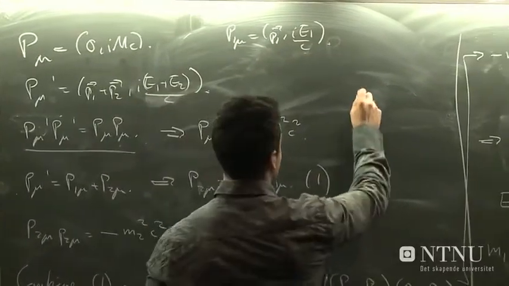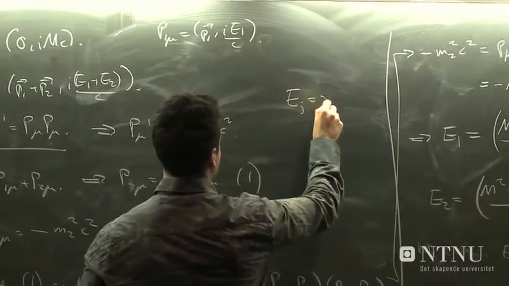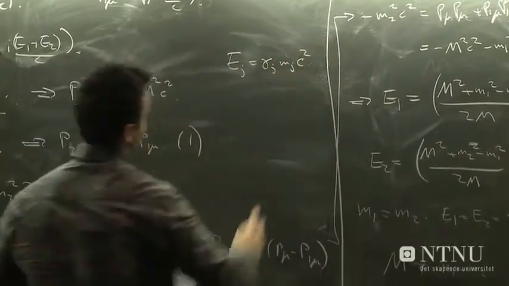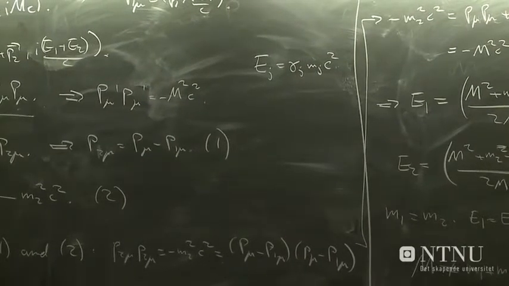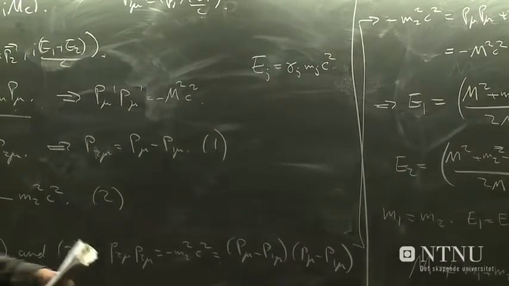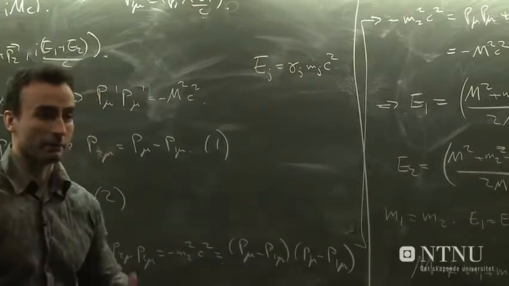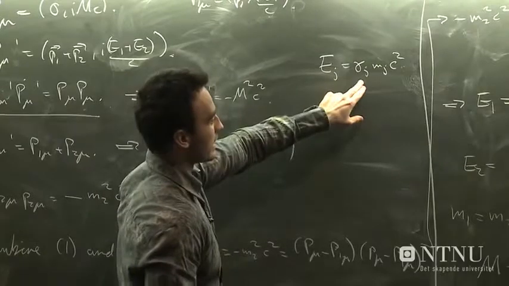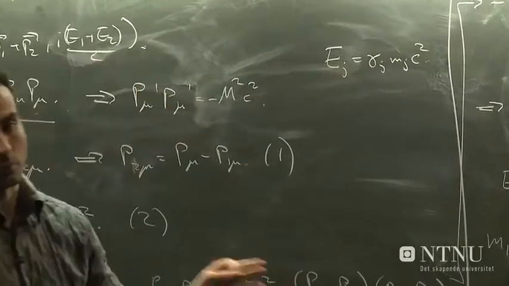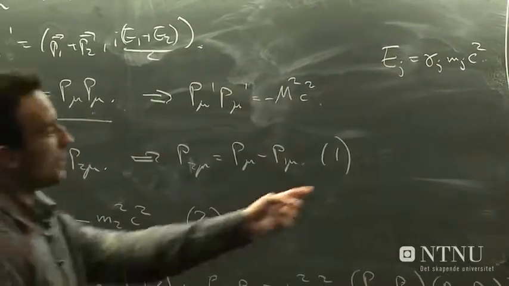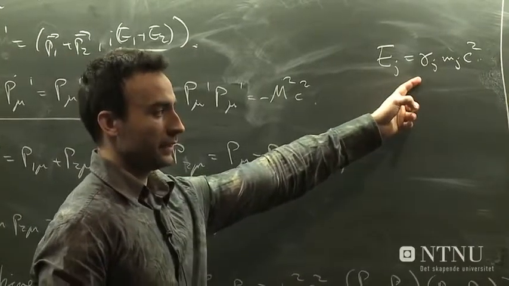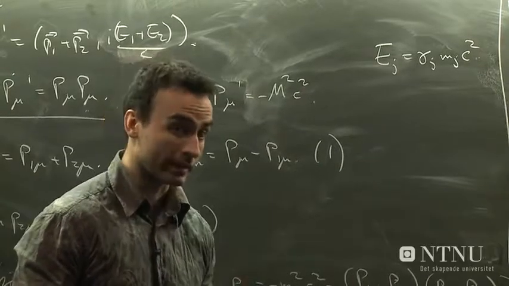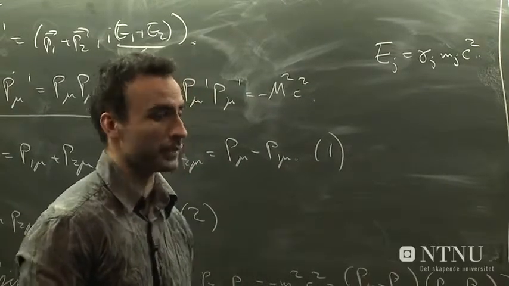But we also know that these energies can be written in the following way, where this now combines both the rest energy and the kinetic energy. So note that I've attached the j index indicating which particle we have, 1 or 2, not only to the mass, but also to the gamma factor, to consider that in general the velocities might be different. And in fact, if the masses are different, the velocities have to be different.